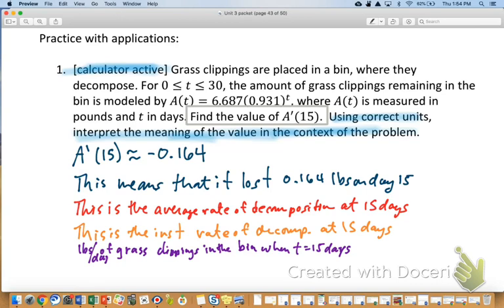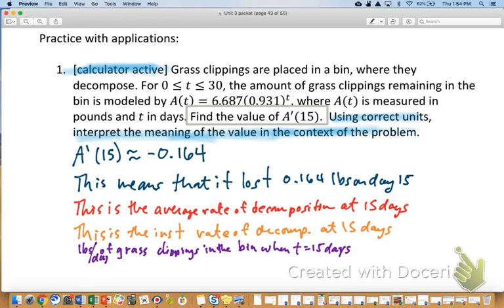Am I doing that? It represented what I was saying, but now you would wish you could change it. What do you want it to say? I want to say what they're saying, but I don't think it's the decomposition, because it's talking about the amount in the bin, and you couldn't have a negative decomposition. Oh, okay.